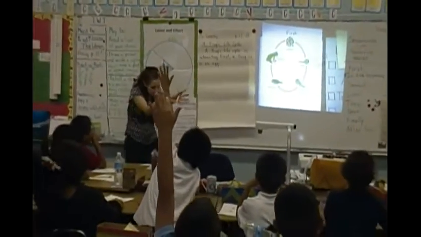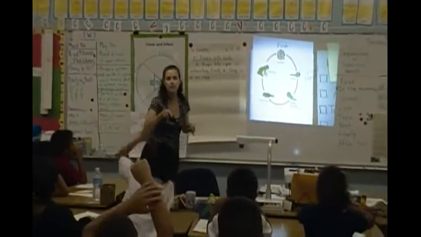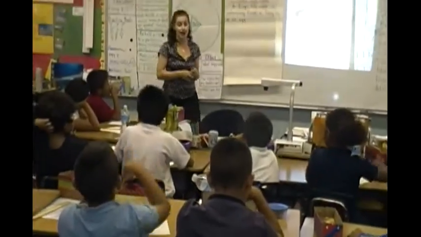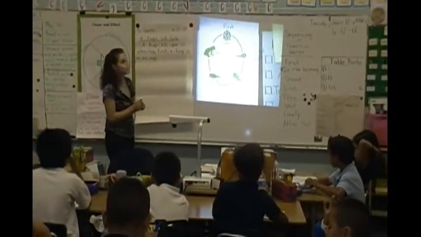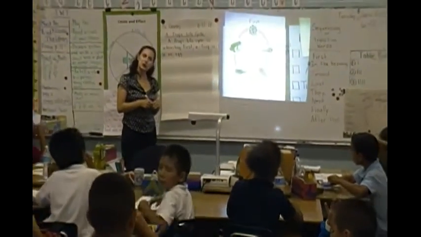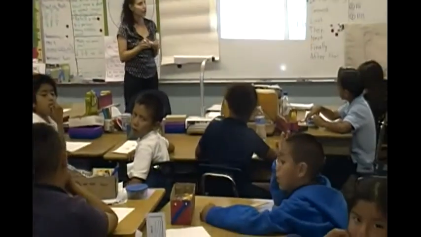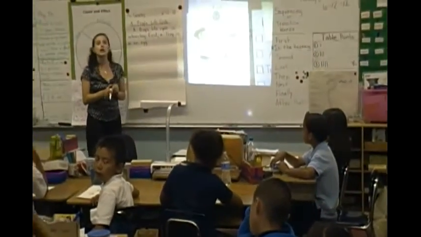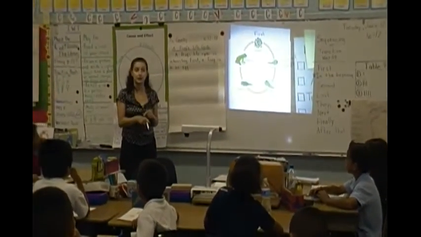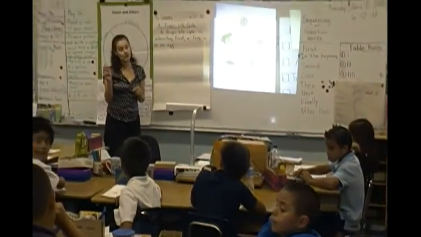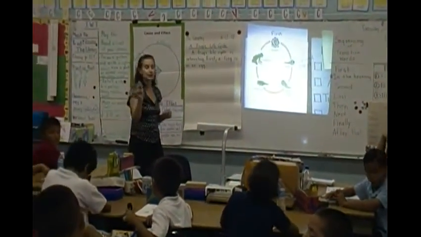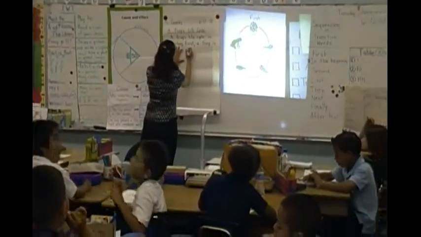Hatch. Or we could say birth. We wouldn't use the word birthed out of an egg. We use the word hatched. Oh, burst. It bursts out of an egg. That's a good vocabulary word. It was a vocabulary word a couple weeks ago, but I'm going to stick with hatched.